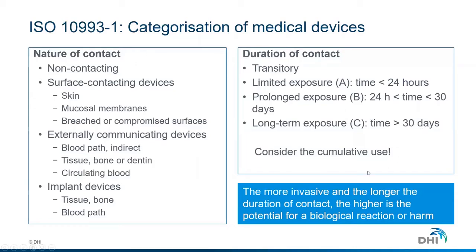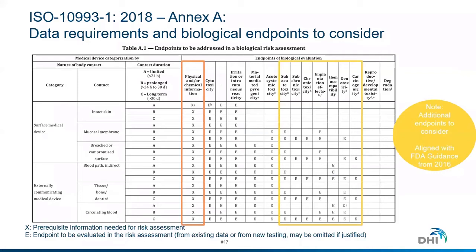Then you need to consider the cumulative use of your device. And remember that the more invasive your device and the longer the duration of contact, the higher the potential risk of harm.